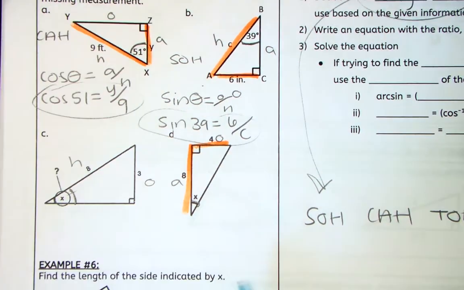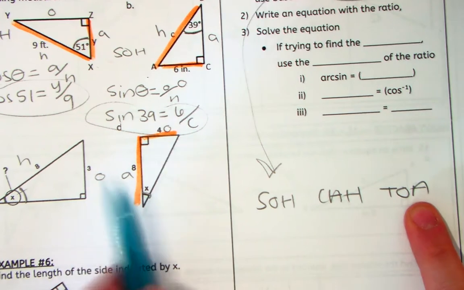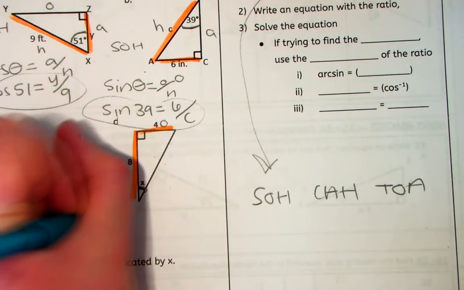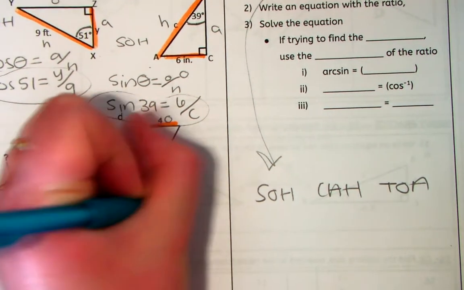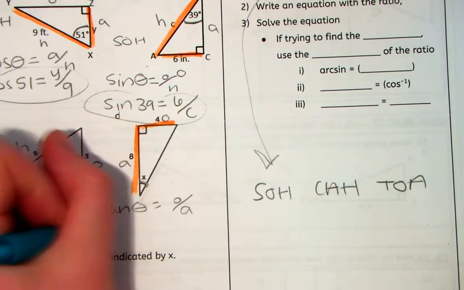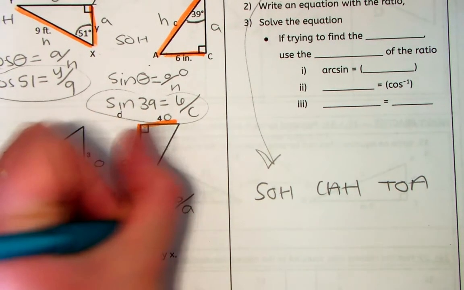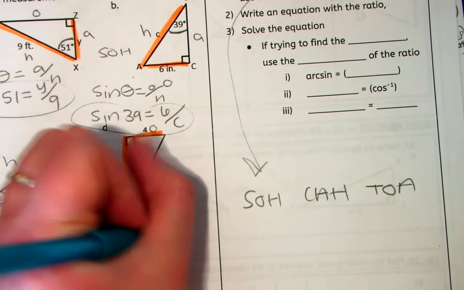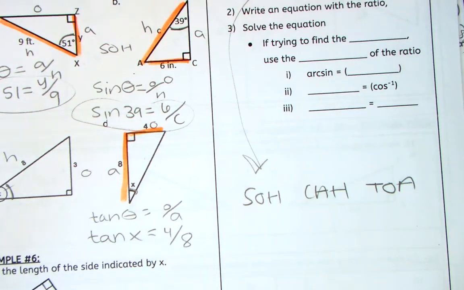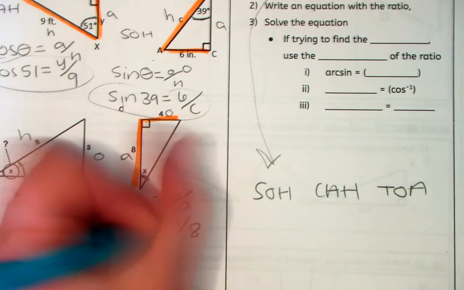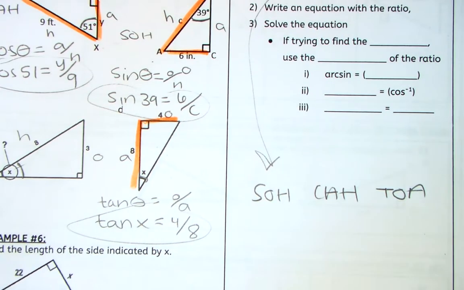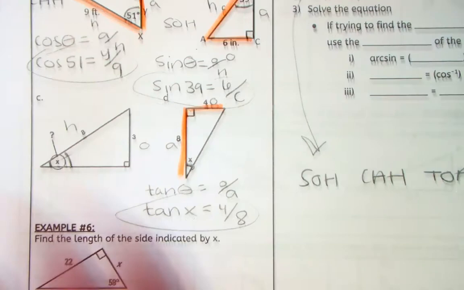So O over A, that's tangent. If I need to think tangent of theta is equal to opposite over adjacent, I'm going to use that setup. Well, in this case, tangent of x, my variable, is equal to 4 over 8. And that would be my equation. Okay? So that's how to set up the equations. I'm going to let you do C on your own.